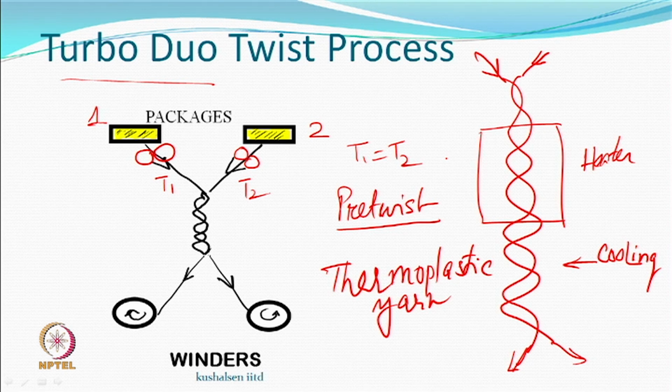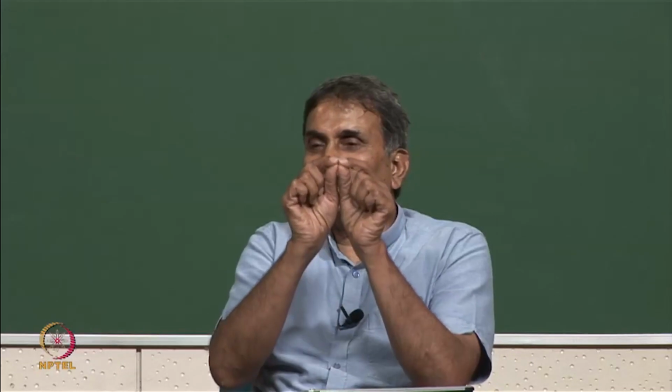If T1 is higher, then this whole zone is going to be pulled towards one side. If T2 is higher, this will be pulled on the other side. And if they are same, this point will remain exactly, approximately, theoretically exactly same.